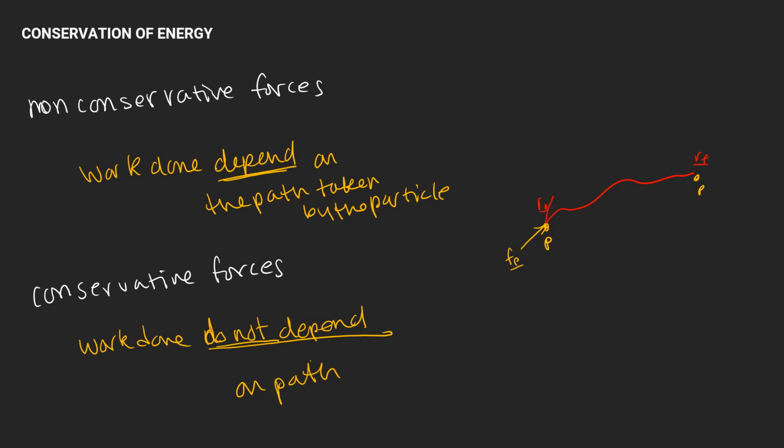So when you have no path dependency, a conservative force means that the path that the force makes the particle travel on, right? So you could have a force and it can make it travel along any of these paths, but the work done by those forces will all be identical, because the work done only depends on the starting position, RO, and the end position, RF. It doesn't depend on the path taken.